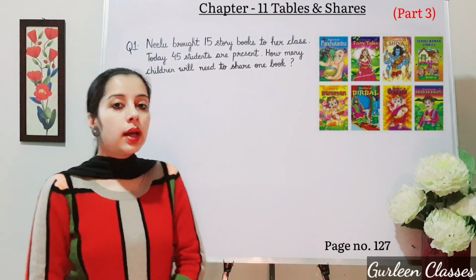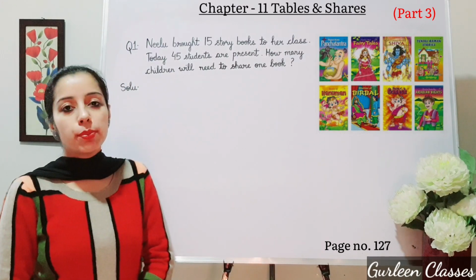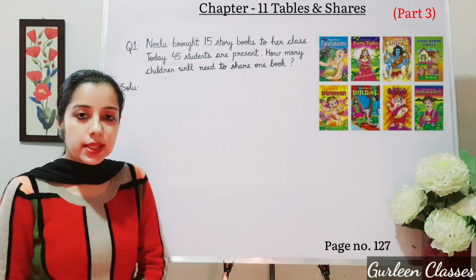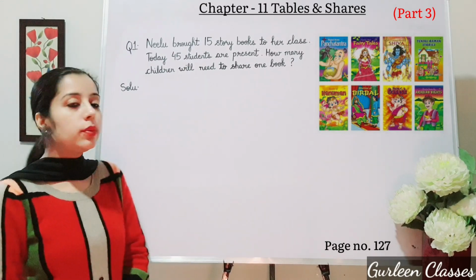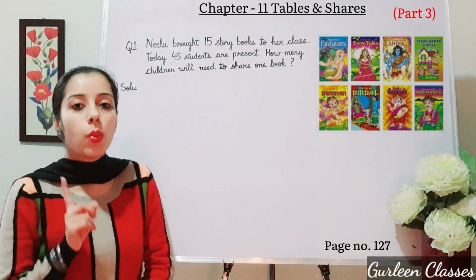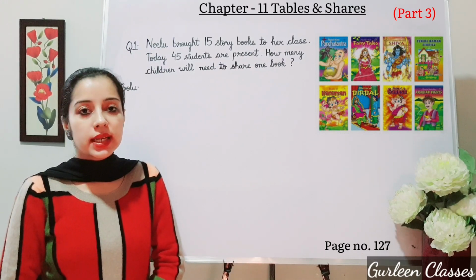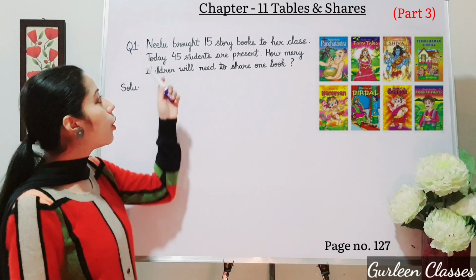Question number 1. Neelu brought 15 storybooks to her class. Today 45 students are present. How many children will need to share one book? So students, total number of students present in class are how much? 45.